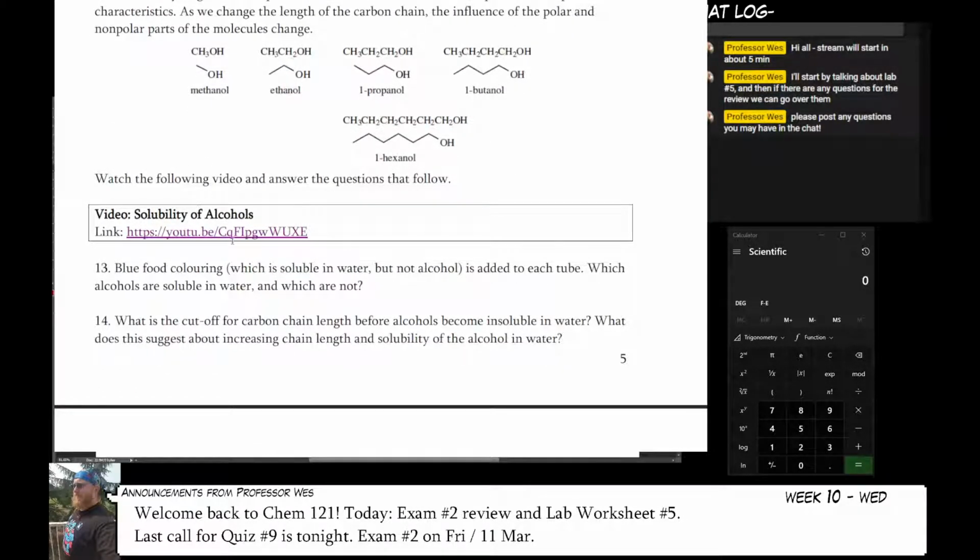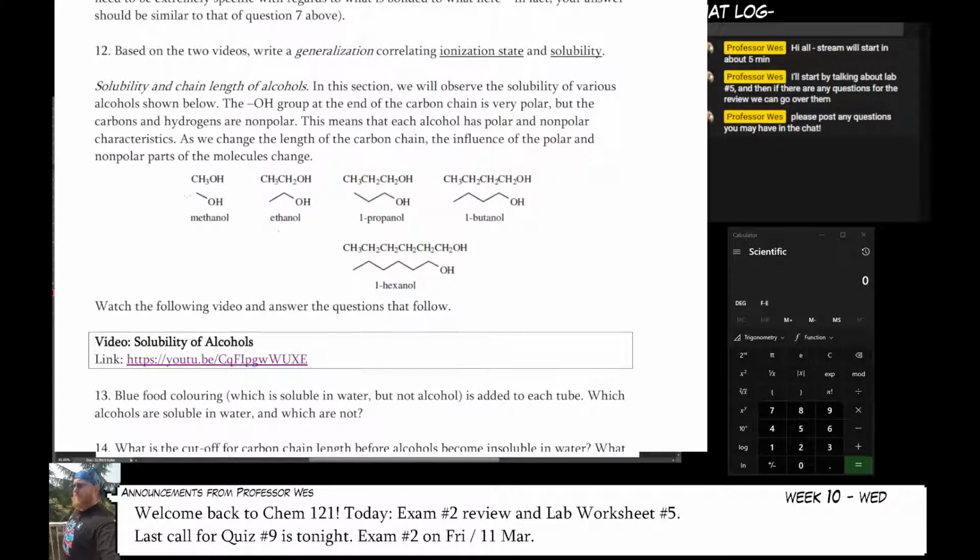The next video is solubility based on carbon chains. So we give you a bunch of different chemicals. We have methanol, ethanol, 1-propanol, 1-butanol, 1-hexanol. And you can see that as we go through the list here, we get more and more carbons on here. And those carbons have an impact on the ability of the stuff to dissolve.